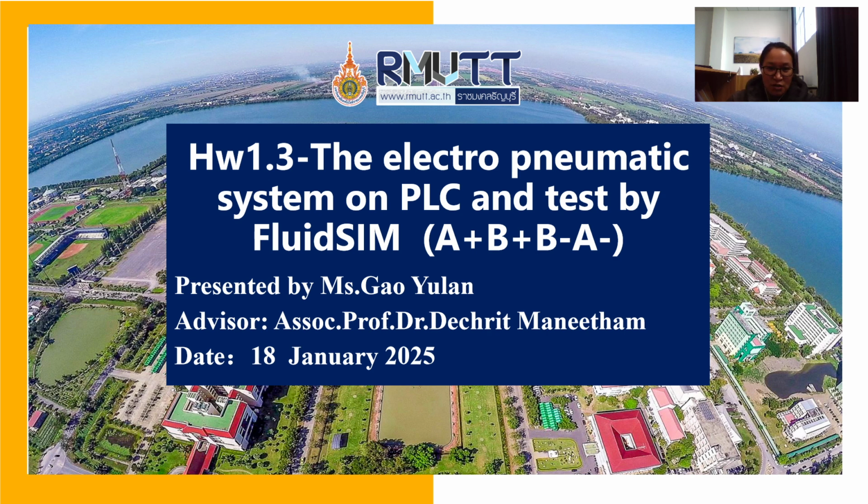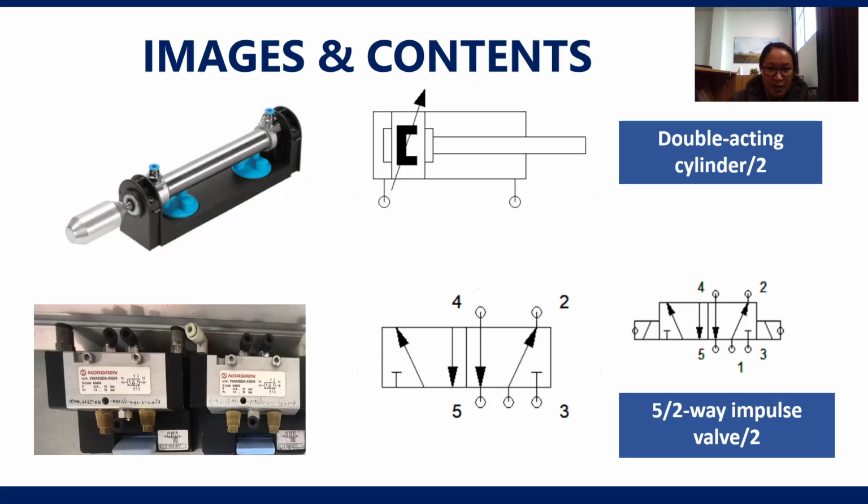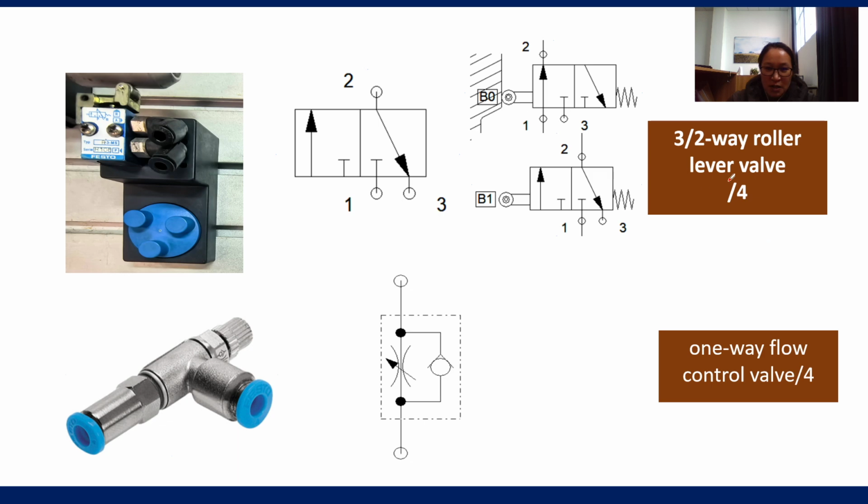First, let me introduce the background. If we want to finish this homework, we also need 2 double acting cylinders, 2 5x2 impulse valves, 4 3x2 water lever valves, and 4 one-way flow control valves to control the flow and control the valve location.